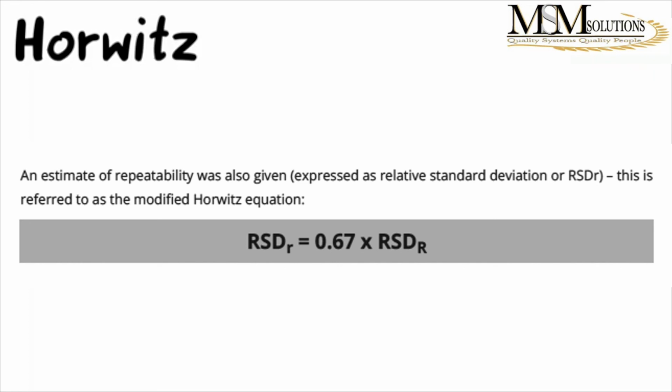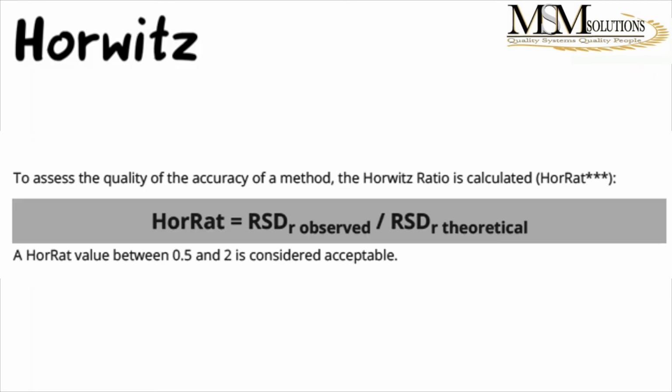Another way that a lab would look at their data within this Horwitz equation is to look at the Horwitz ratio. They would calculate the Horwitz ratio and look at the number. And if the number is between 0.5 and 2, this is normally considered acceptable. Based on historical data, the lab might even reduce that significantly and say what is acceptable for this particular lab or this particular analysis is maybe a value less than 1.